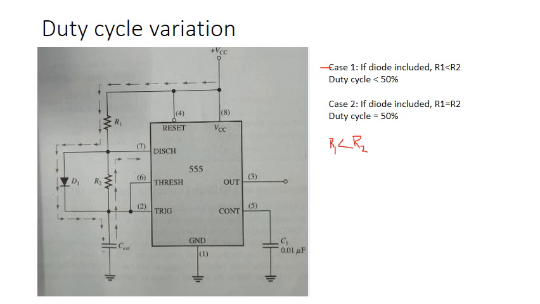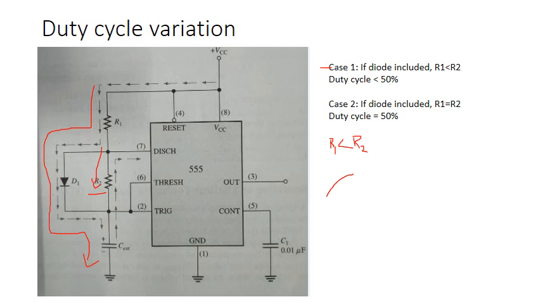You can see the charging time will be less through R1 over here. Since there is a diode connected in parallel, the current will not flow through the path with R2 because the resistance is more. So the flow of current is through the diode D1, so the charging time will be less because the resistance R1 is less.